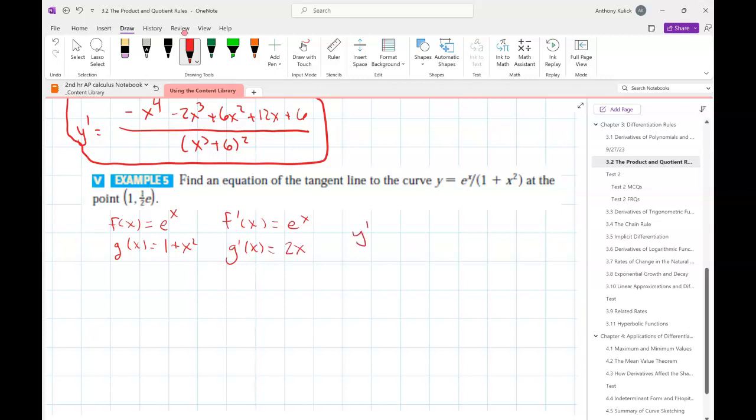So y prime is going to be g of x times f prime minus f times g prime all over g of x squared.